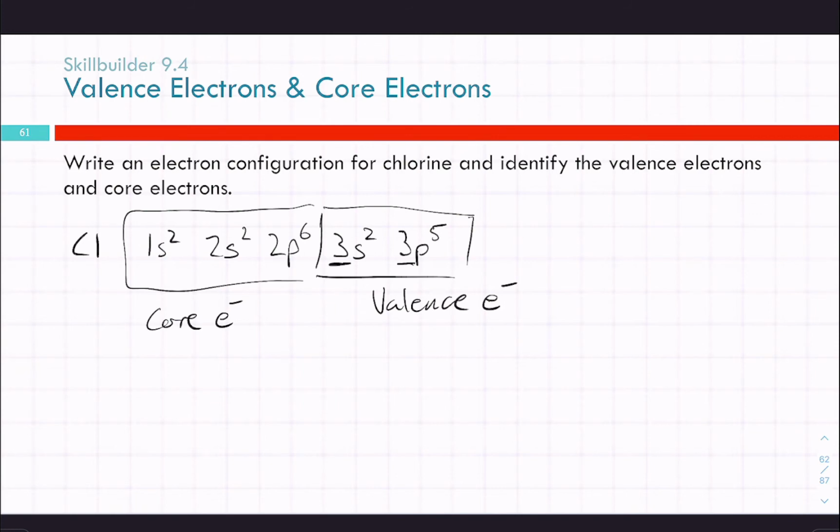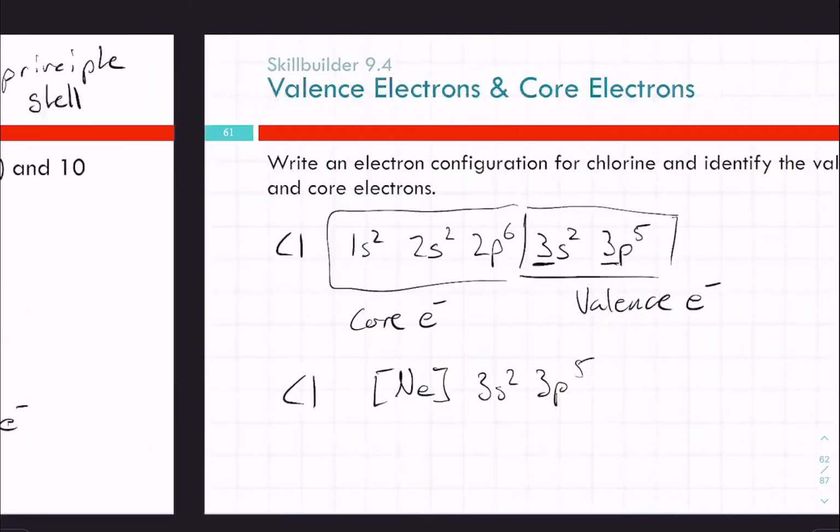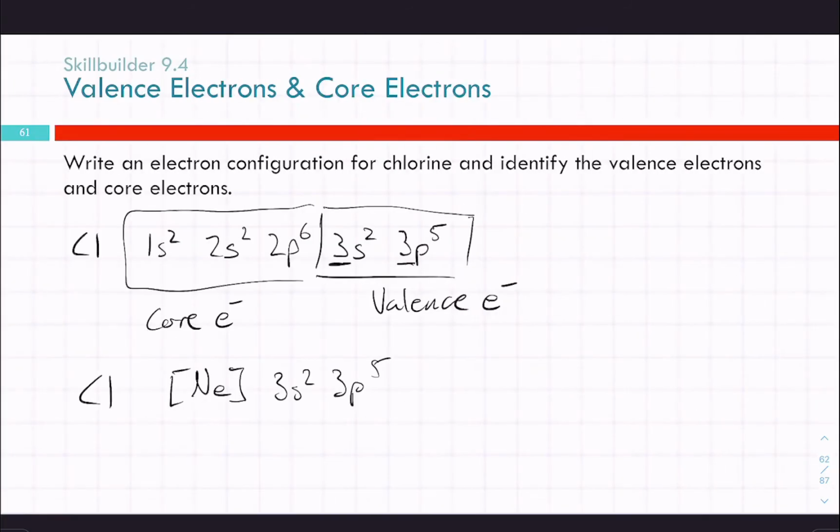Now, if we wanted to, we could have abbreviated for chlorine by writing neon first, and then 3s2, 3p5. Because neon is the noble gas at the end of the row above, not only does abbreviating make it easier to write out electron configurations for elements farther down the periodic table, neon actually represents all of the core electrons.